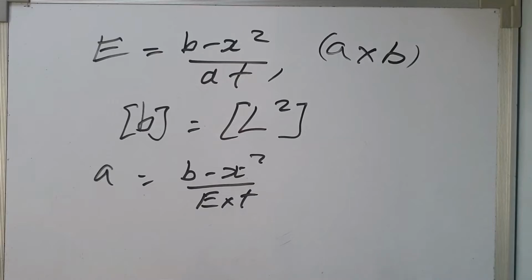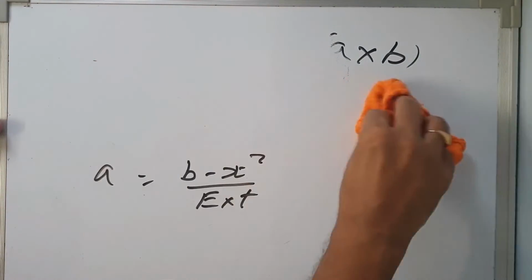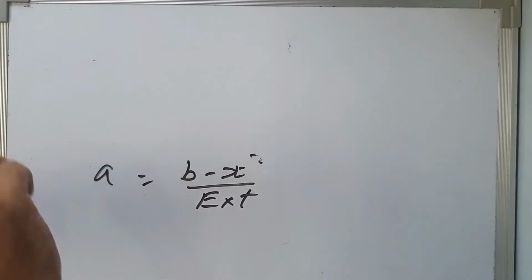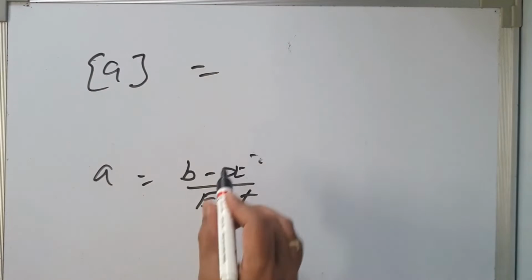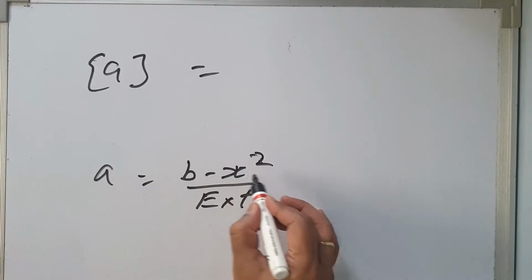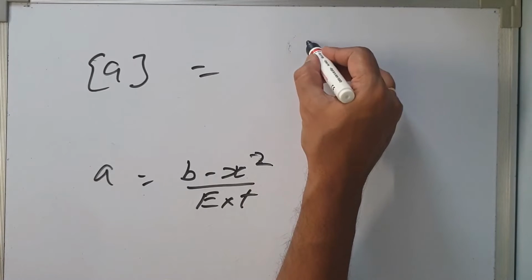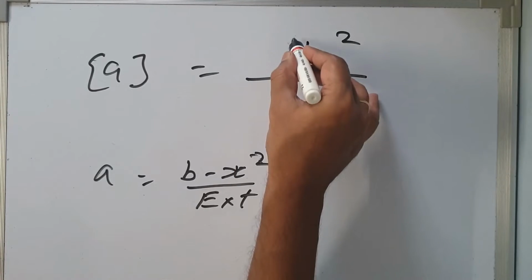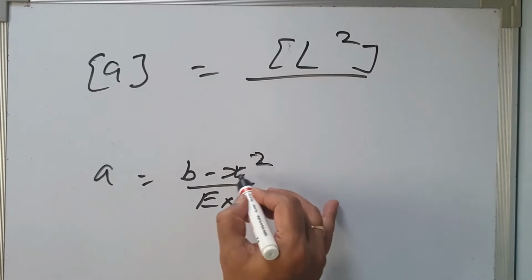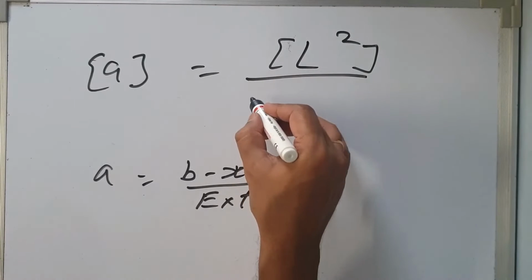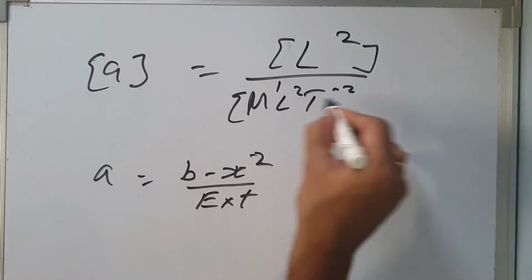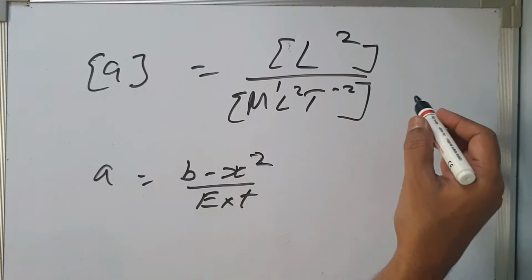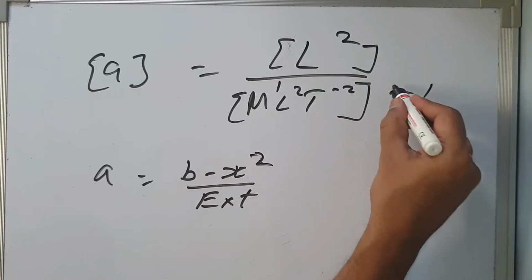So what is the dimensional formula of A? From here, we know that this numerator will have the same dimensional formula L squared, because of B and x squared. Energy, what is that? M1 L2 T minus 2, into T, T1.